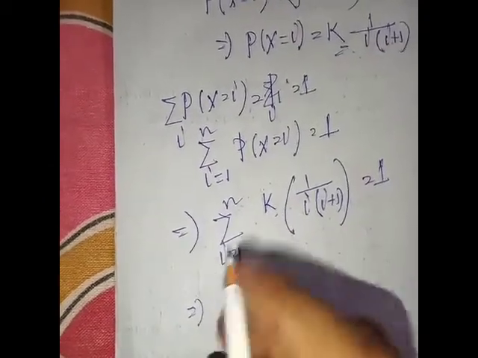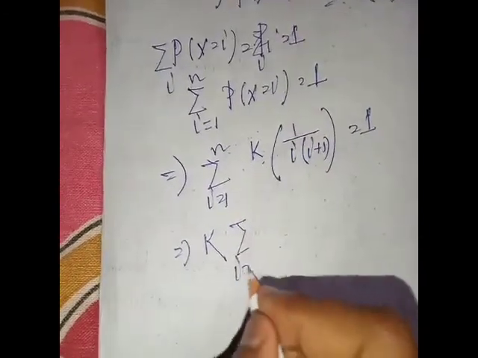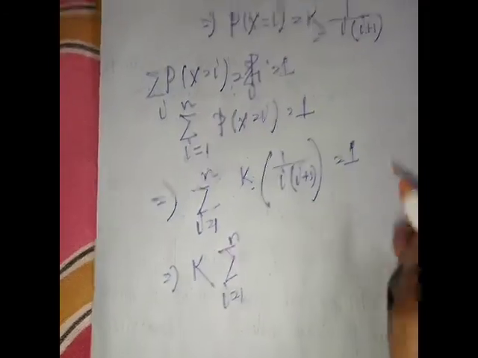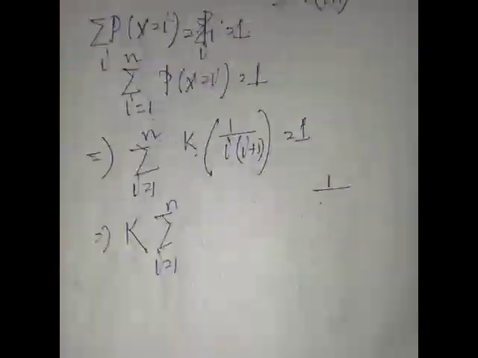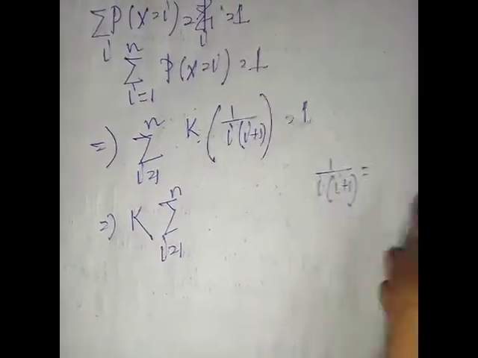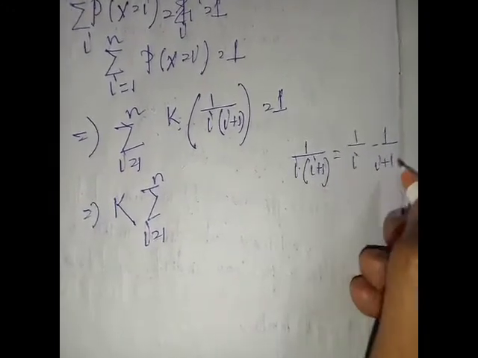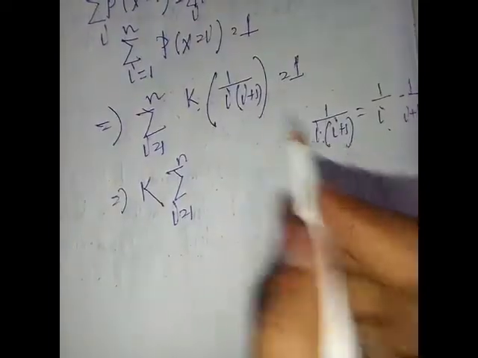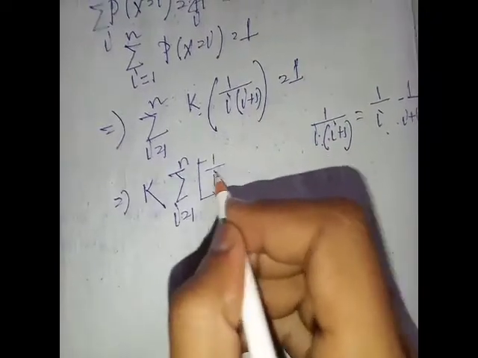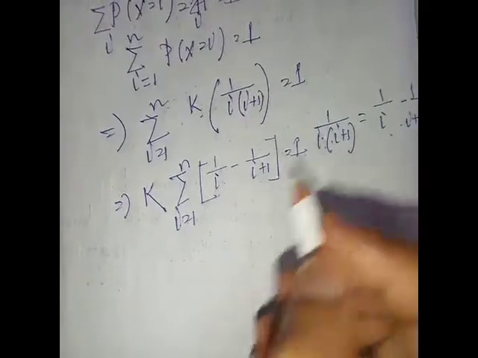Since k is independent of the summation, and 1 by i into (i plus 1) means 1 by i minus 1 by (i plus 1), we put this value in, so we get the summation of 1 by i minus 1 by (i plus 1) equal to 1 by k.